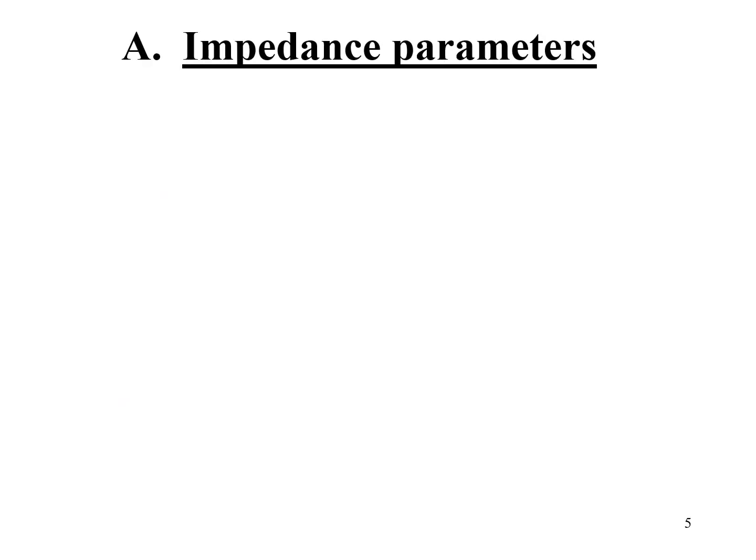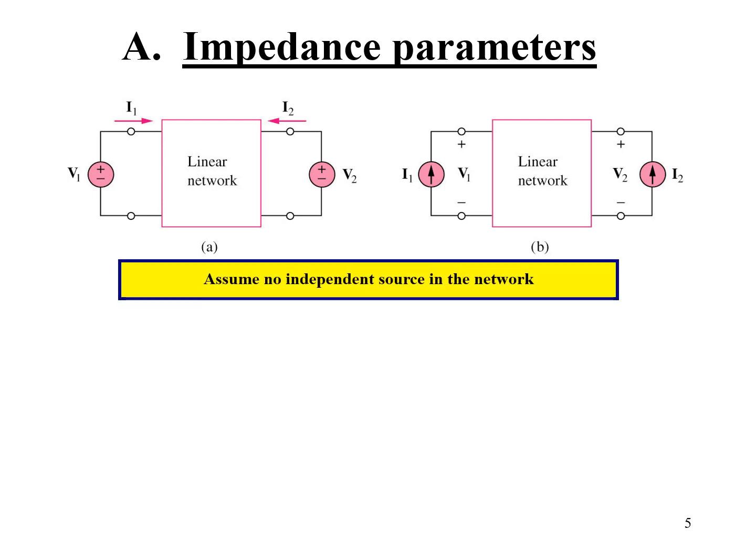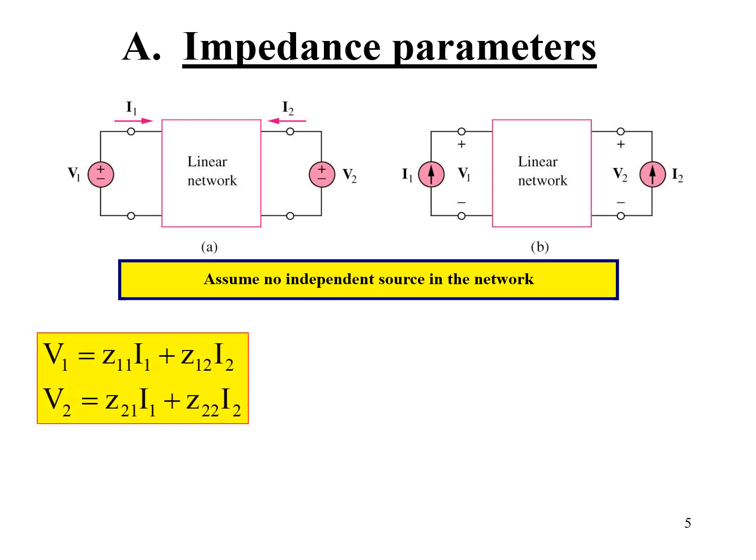Now we're going to talk about impedance parameters. Looking at diagrams A and B of the voltage or current source in the linear network, let's assume there are no independent sources in the network. We can say that the voltage across terminal 1 is V1 equals Z11 I1 plus Z12 I2, and V2 equals Z21 I1 plus Z22 I2.